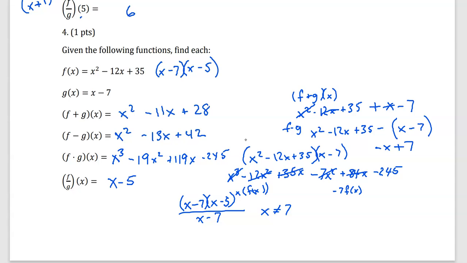I like to add in parentheses x is not equal to 7 because we're not allowed to divide by 0. It does approach this as I get closer and closer to x equal to 7. But that's a detail. This is all you have to put for the answer. You're allowed to divide out that x minus 5.